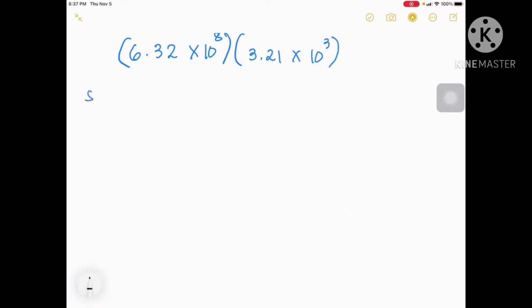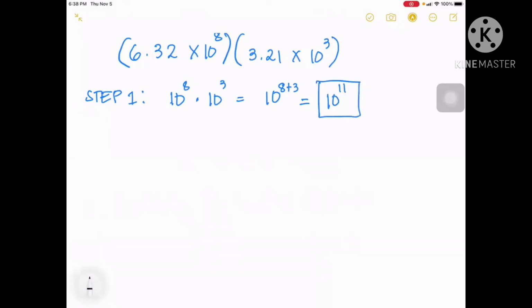Step one, let's copy this, 10 to the 8 times 10 cubed. Since they have the same base, copy the base and add their exponents. 8 plus 3 will give you 10 to the 11th power.